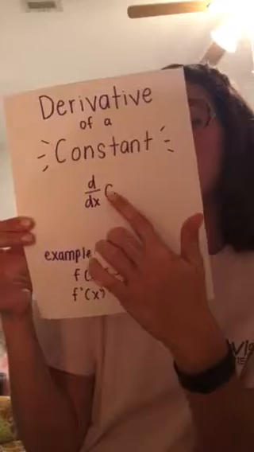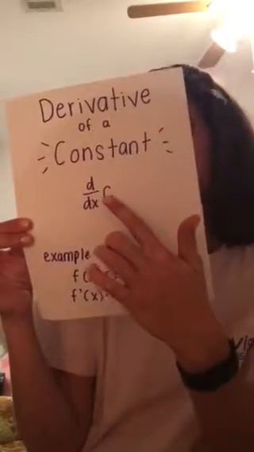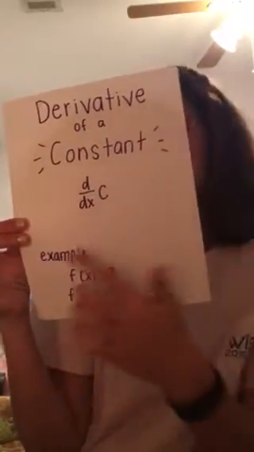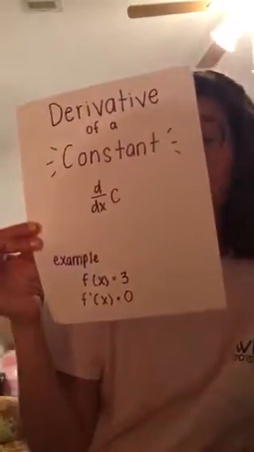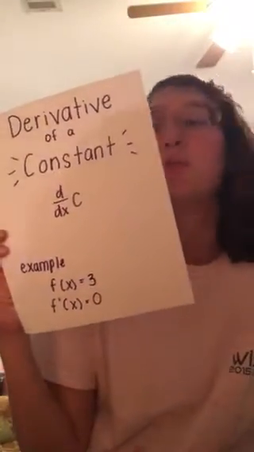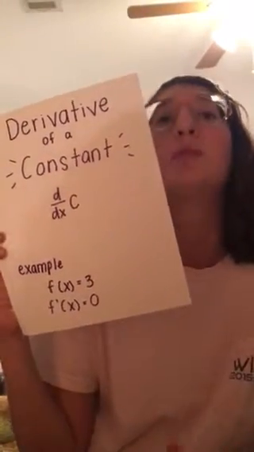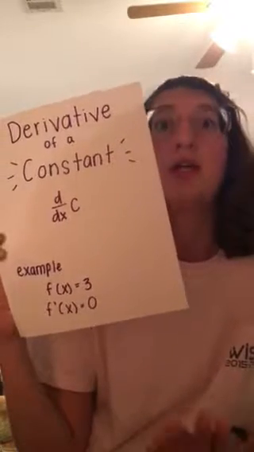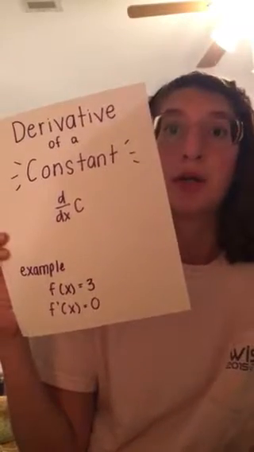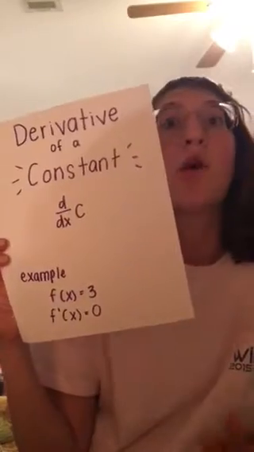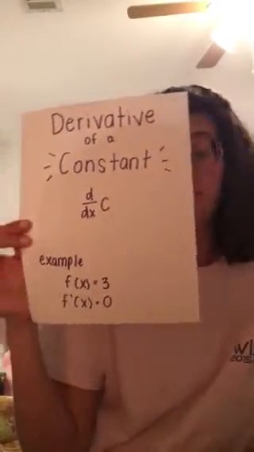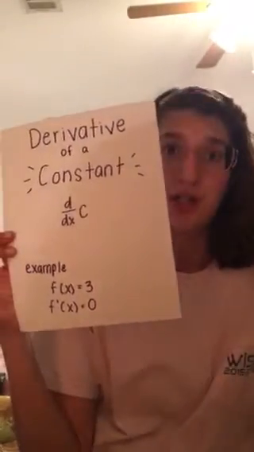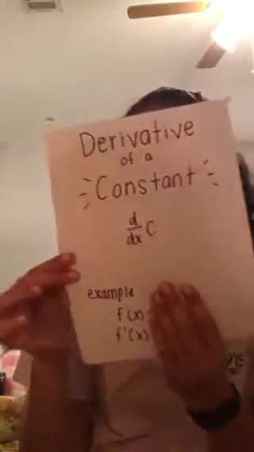This can be denoted as d over dx of c, c representing a constant number. An example of this would be f of x is equal to 3. In a situation where you have a function that is equal to a constant, and you're trying to take the derivative of that function, it is always equal to 0. And this is true for all functions that are equal to a constant.